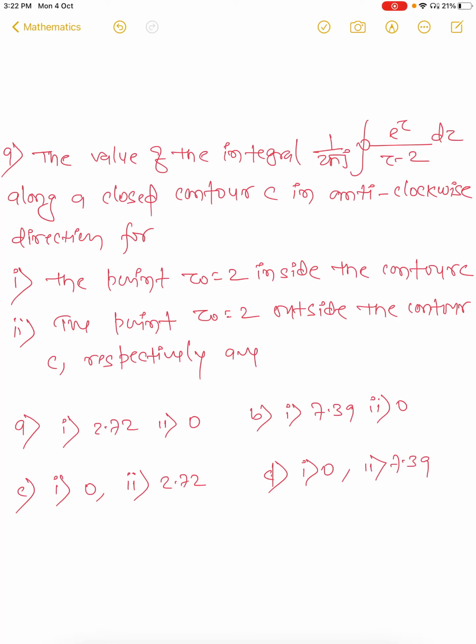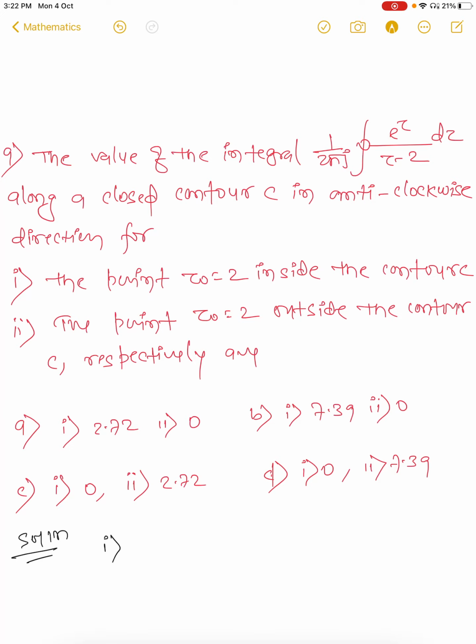When the point z equals 2 is outside the contour C, it will be 0. So the answer will be between options A and B. But when it is inside the contour, 2 pi j cancels, and we get e to the power 2, which means e squared. The answer will be e squared, and its value is 7.39.